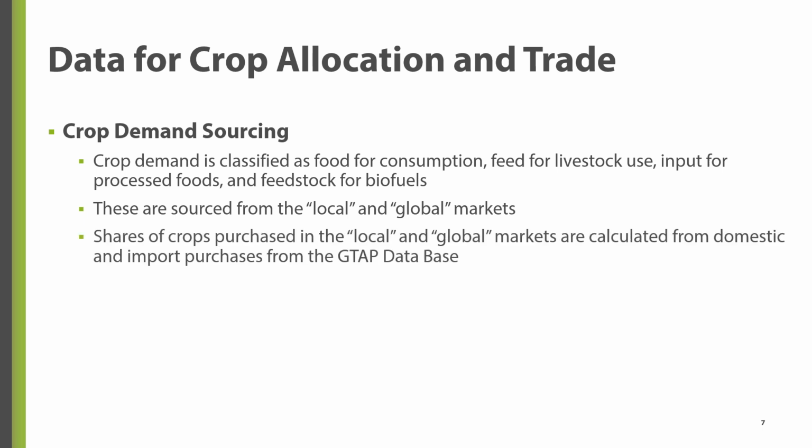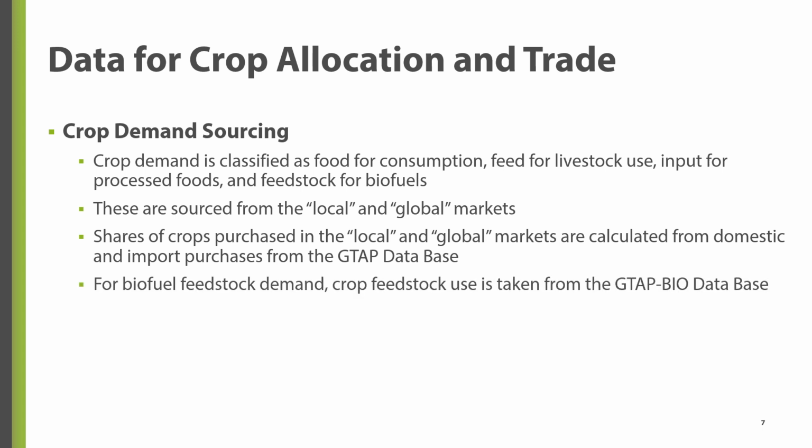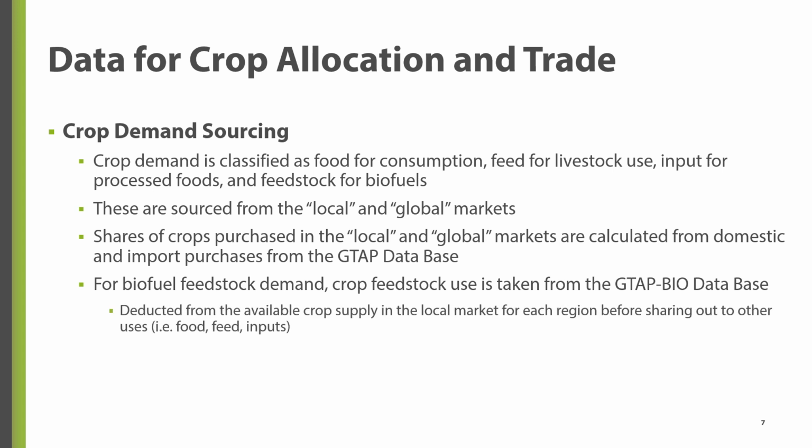Purchase shares of crops by consumers, as well as the livestock and processed food sectors, from the local and global markets are taken from the GTAP database. Use of local feedstock by the biofuel sector is taken from the GTAP-Bio database. Note that local feedstock demand is first deducted from the local crop availability, before allocating the crop to other uses.